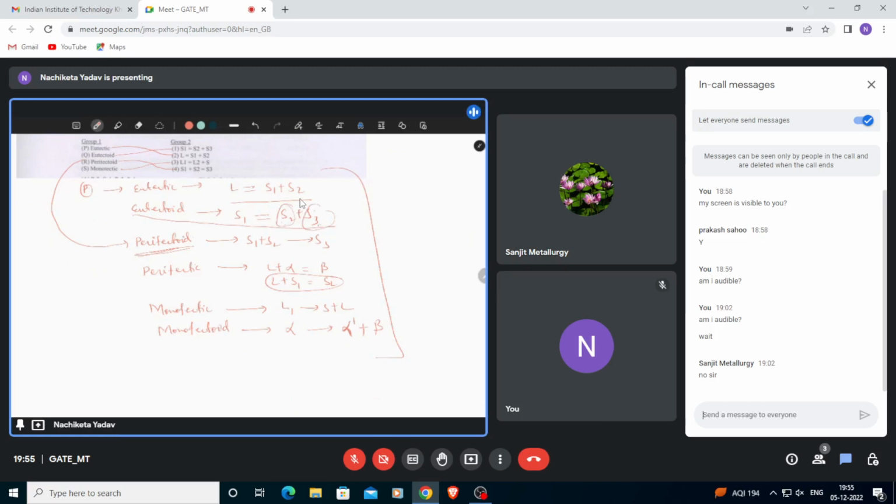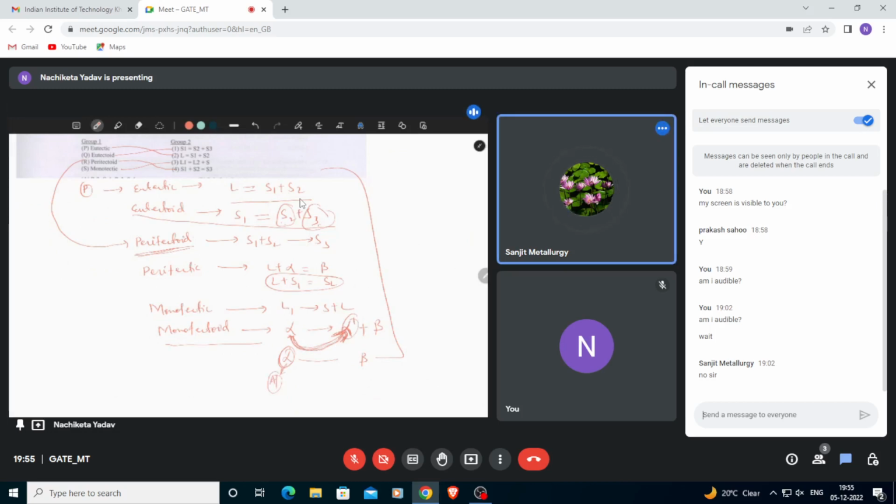But in monotectoid, if you observe this alpha, we are getting the same solid but different composition. Suppose this is alpha phase and it got precipitated in beta. So in alpha there will be some aluminum content, and in alpha dash you will get different aluminum content. Are you getting?